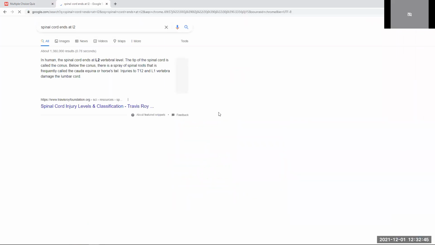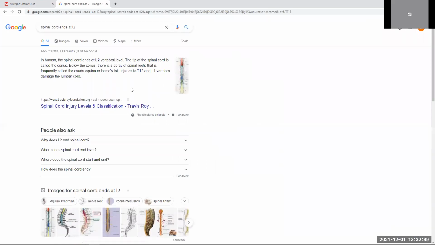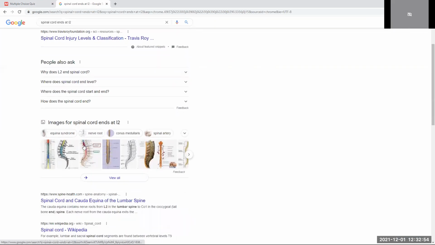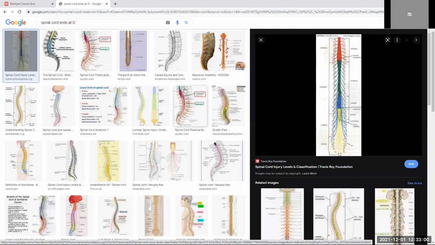Well, L1, L2, okay. The spinal cord ends at L2. I tip my hat to you. L1, L2, yeah, so it is L2. That's what I was saying. But I was doing some research, and I was seeing some that said L1, but logically, I was looking at it and saying, this looks like L2.